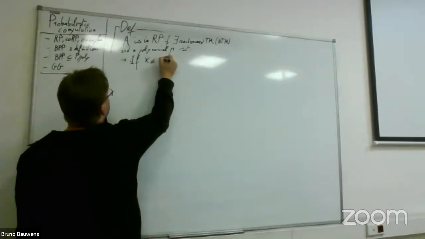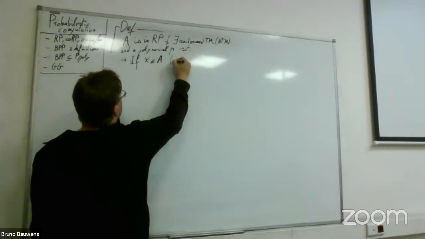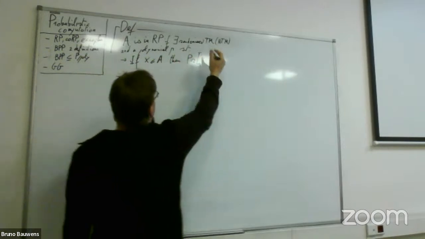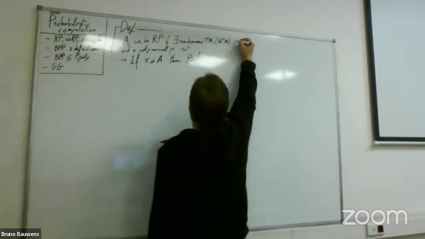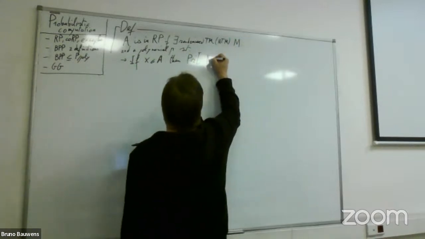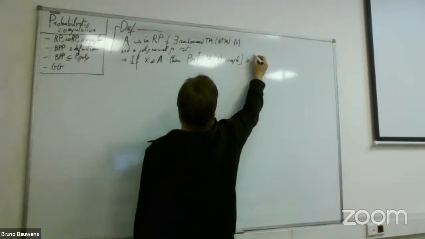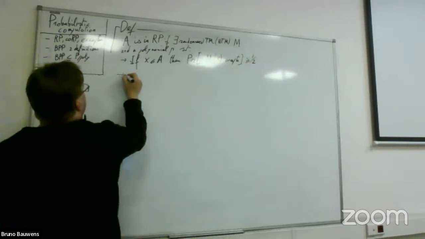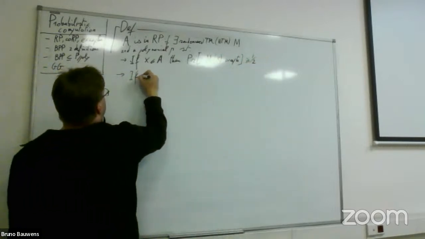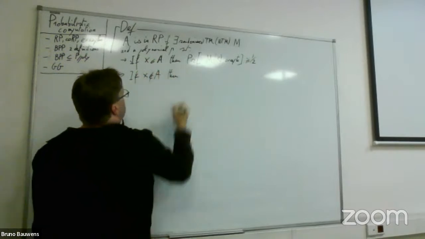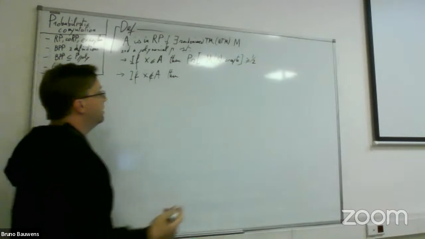So if X is in A, then the probability that M of X accepts is at least 1/2. And if X is not in A, then the machine should always reject.